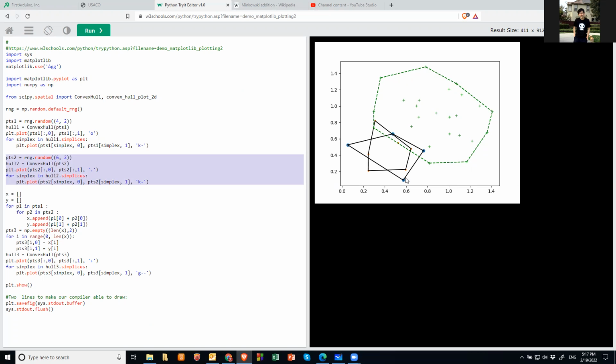This line comes from here. This line comes from here. This line comes from here. This line comes from here. This line is here. This line is here. This line is here. Okay, so that is how the combined convex hull is formed, right?